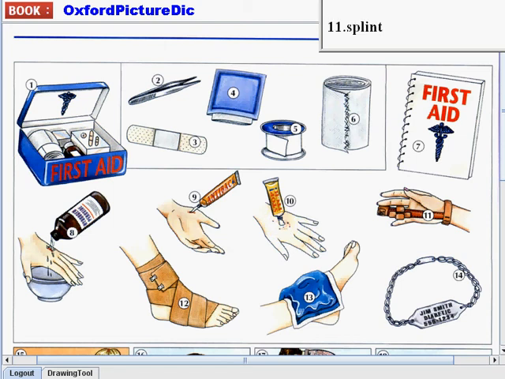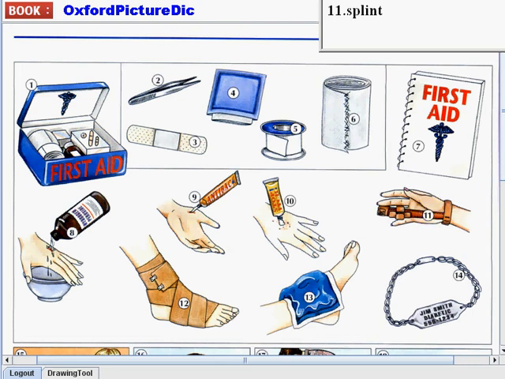Next we have the splint in number 11. This thing here is what we call a splint. A splint is a thin piece of wood, metal, or plastic used to support and keep steady a broken bone. That's the use of a splint.